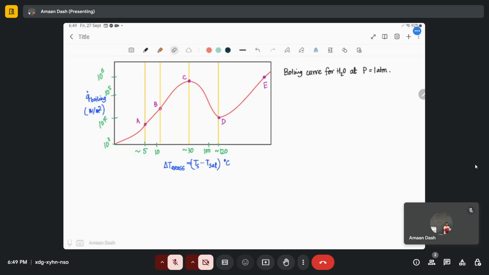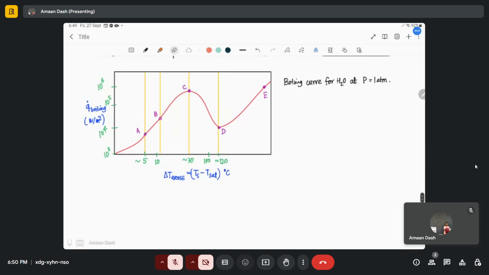And also in the nucleate boiling region, the agitations that are caused by the entrainment of the liquid to the heater surface are primarily responsible for the increase in heat transfer coefficient and the heat flux during the nucleate boiling.